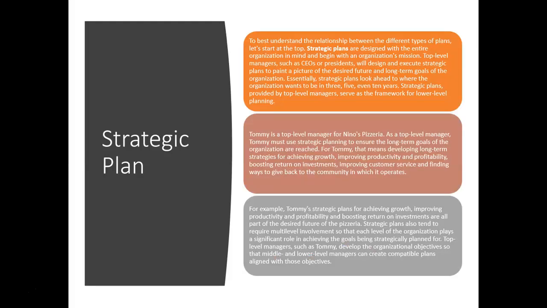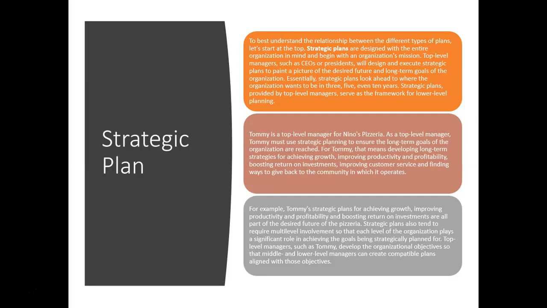To best understand the relationship between the different types of plans, let's start at the top. Strategic plans are designed with the entire organization in mind and begin with an organization's mission. Top-level managers such as CEOs, Chief Executive Officers, will design and execute strategic plans to paint a picture of the desired future long-term goals of the organization.